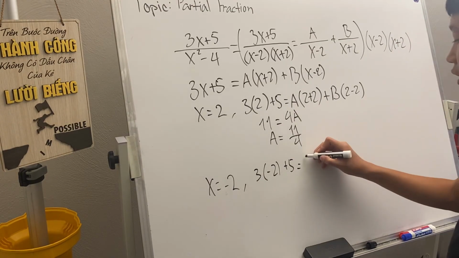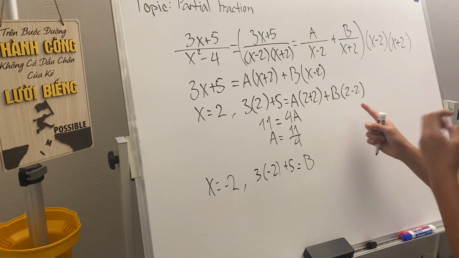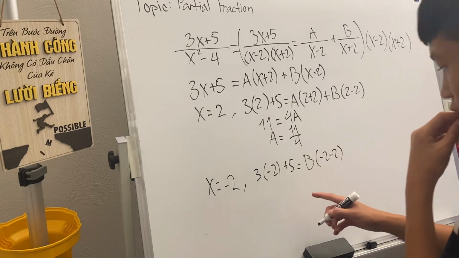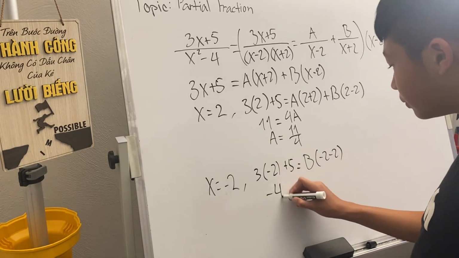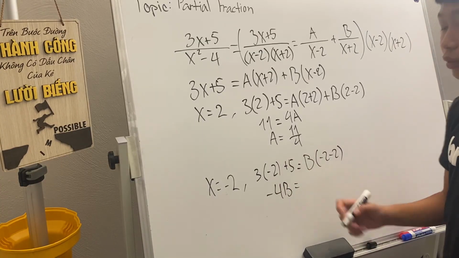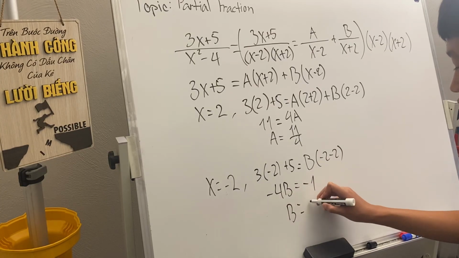So you have B, just like this one, but I just want to write it so you guys see: minus 2 minus 2. So you have minus 4B equal to negative 6 plus 5, which is minus 1. Dividing by negative 4 on both sides, B equals 1/4.